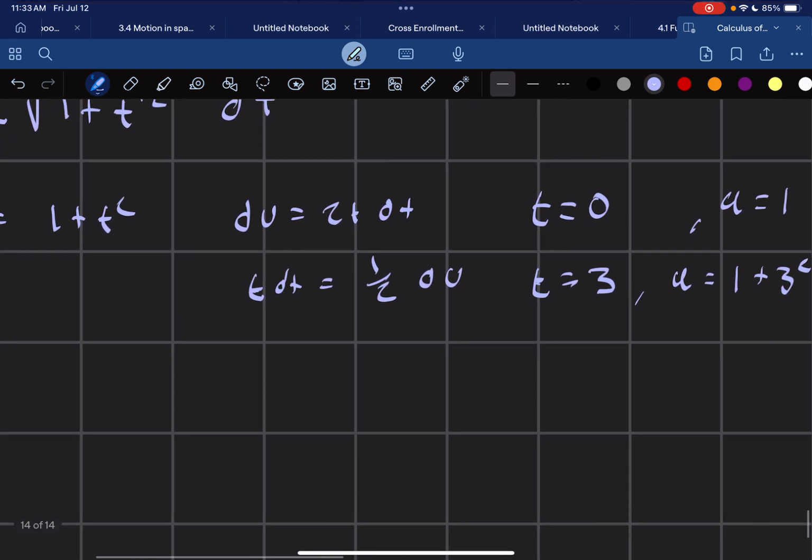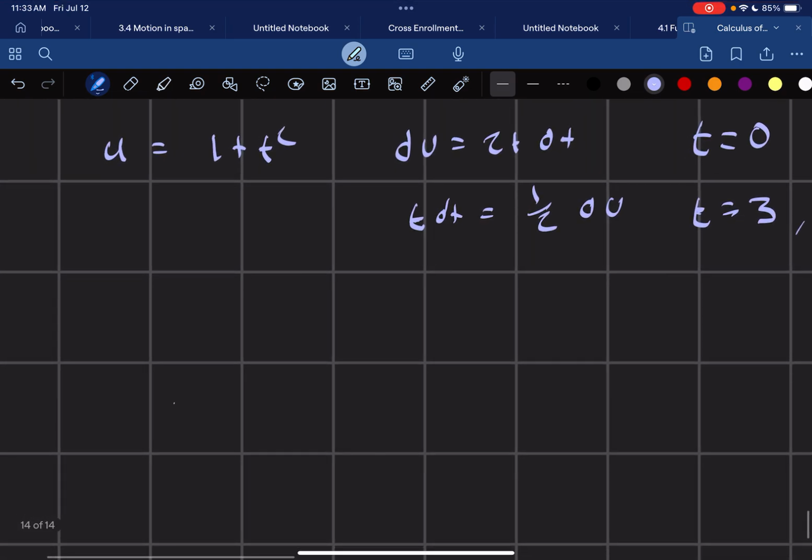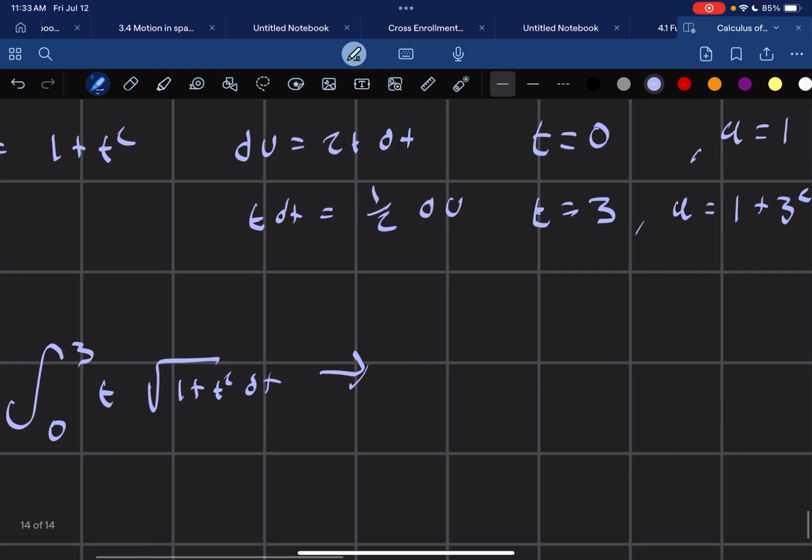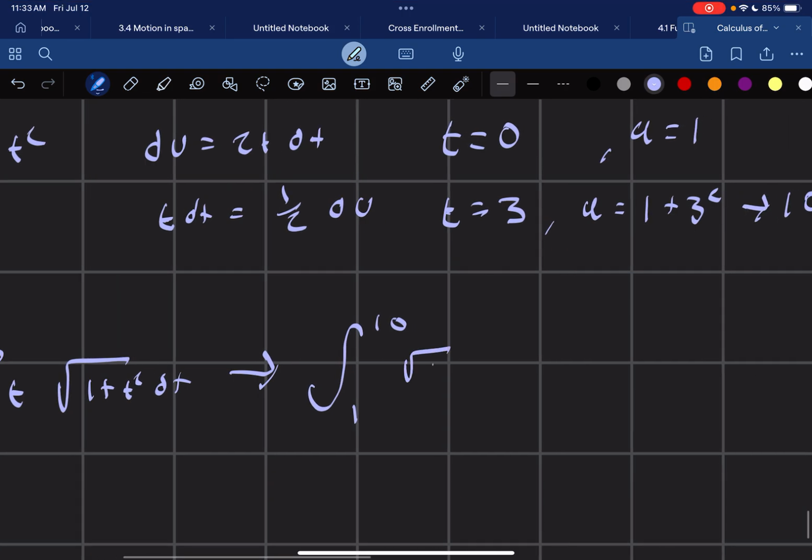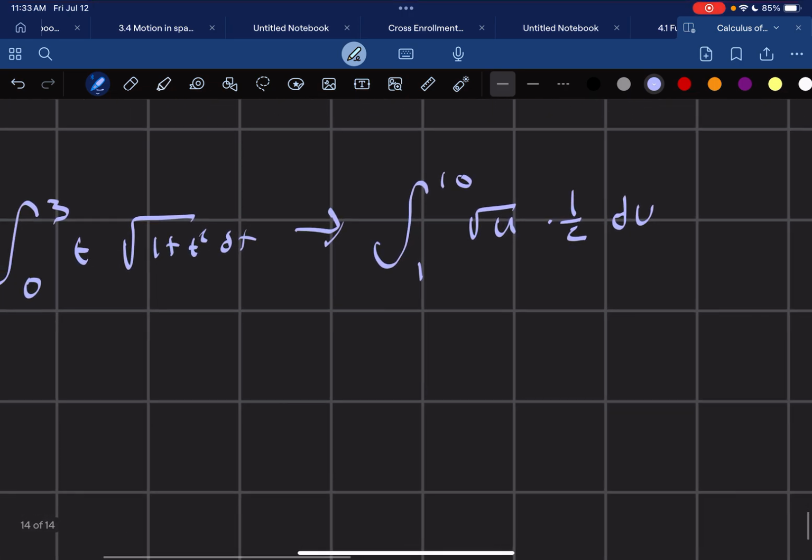Now we could rewrite the integral as the integral from 1 to 10 of square root of u times 1/2 du. This is a constant right here.